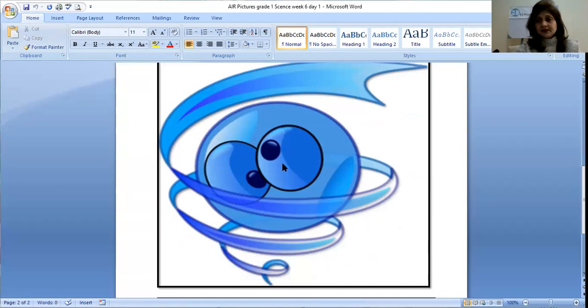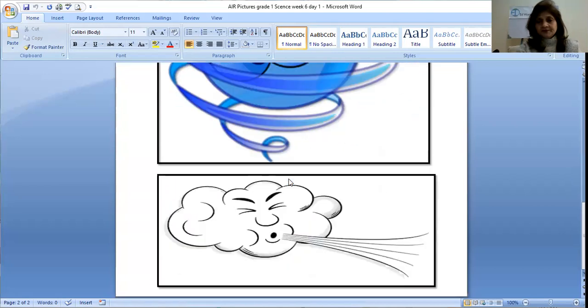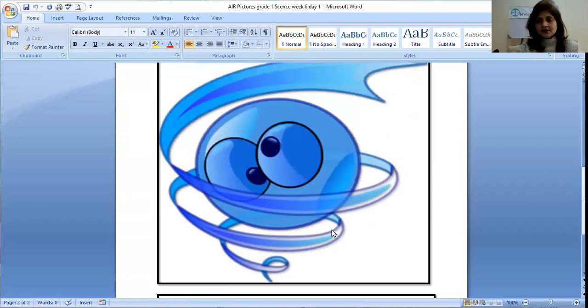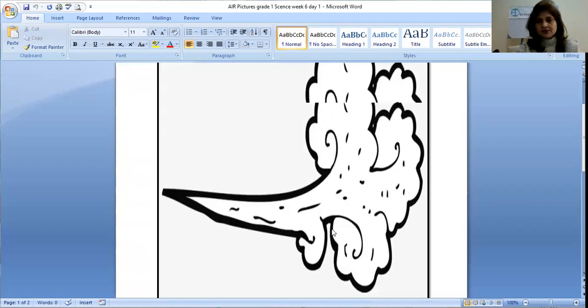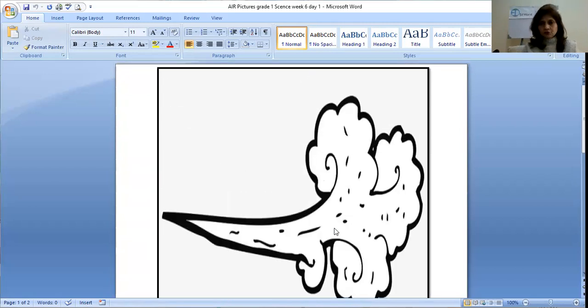Again, something is moving. And here, something is coming out, right? So what actually are these three pictures about? When something is moving, something is coming out, what do you call it? It's about air, right? Now you can see air is moving.